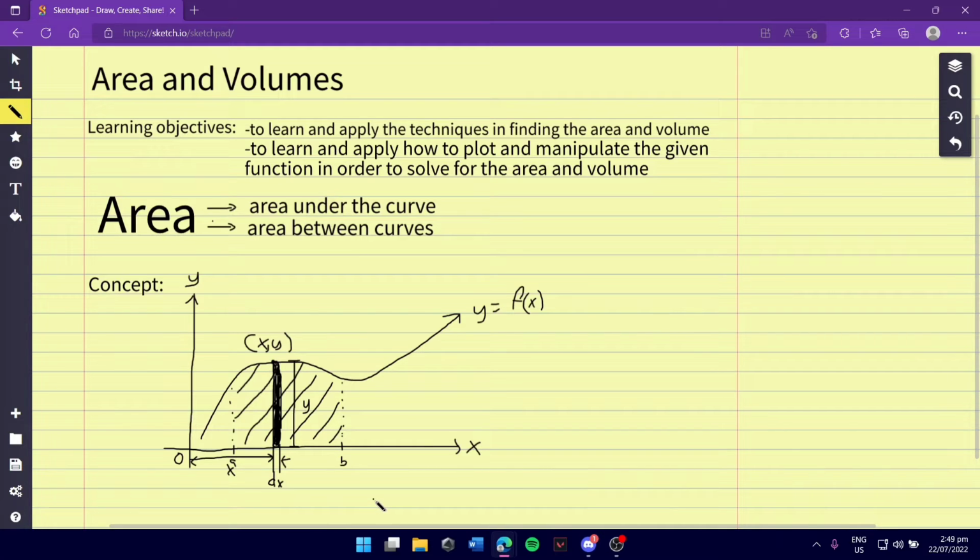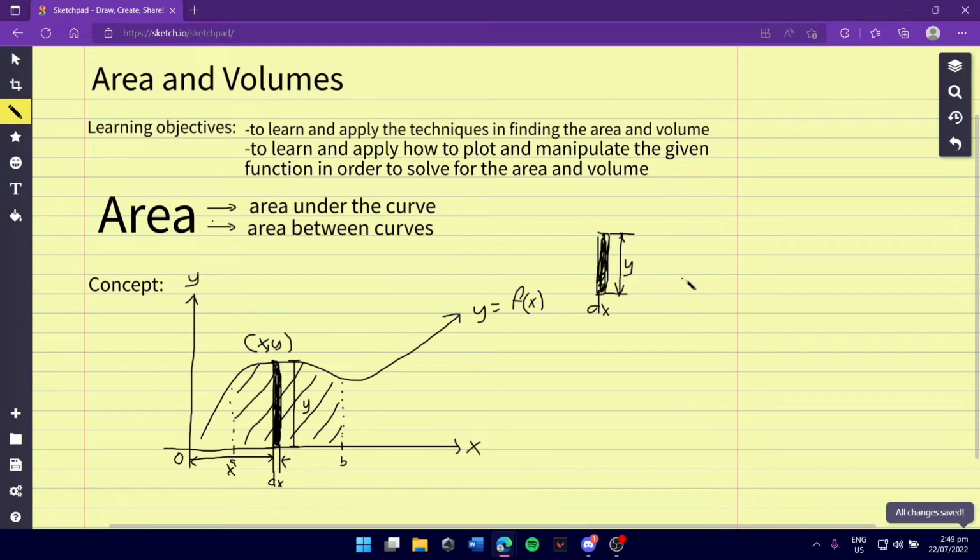Next, we will solve for the area. First, we will take out your vertical strip and put it right here. So now this is your vertical strip, like that. We label this as your y, the length. This is your y, and the thickness is the dx.